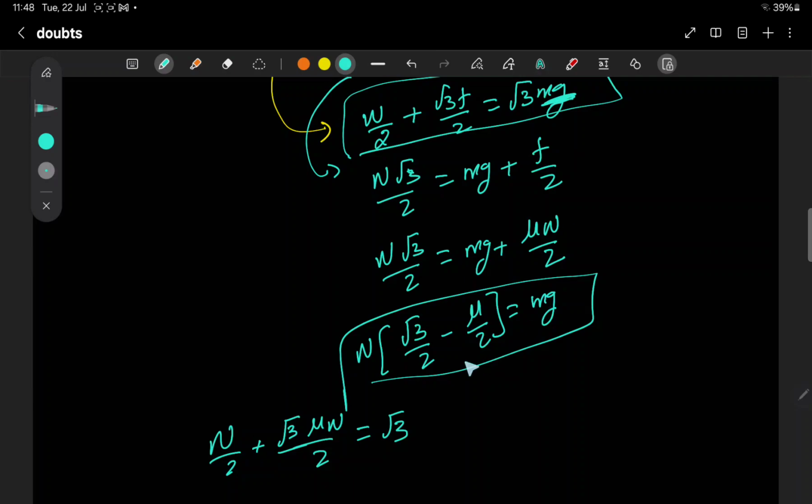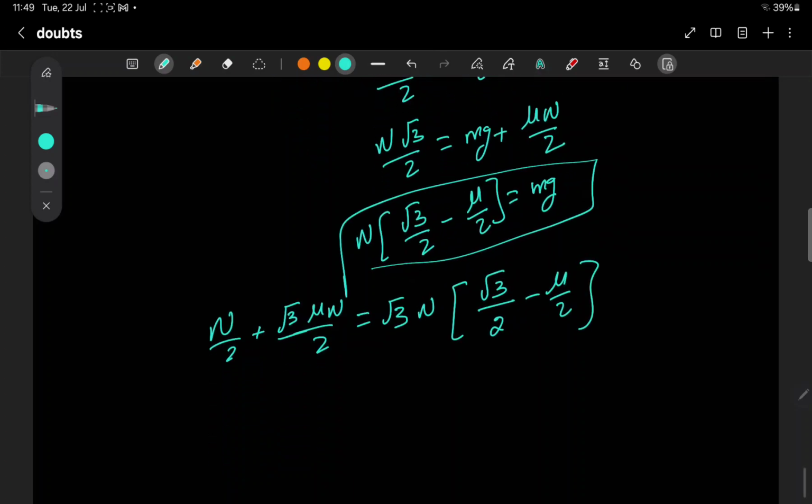Instead of this mg, I am going to substitute this. So N into root 3 by 2 minus mu by 2. Now here N can be cancelled. Then I will have 1 by 2 plus root 3 mu by 2 is equal to 3 by 2 minus root 3 mu by 2.